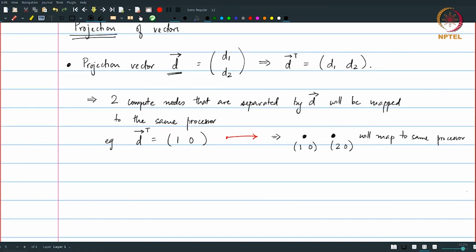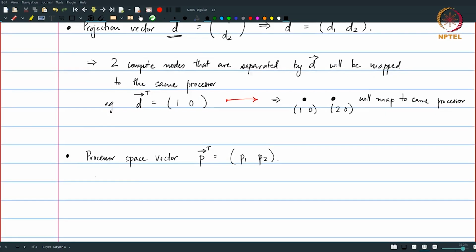Okay, so now that we have this projection vector, we can essentially define something called a processor space vector. And this processor space vector, once again, will be of the type P1, P2 in this case.